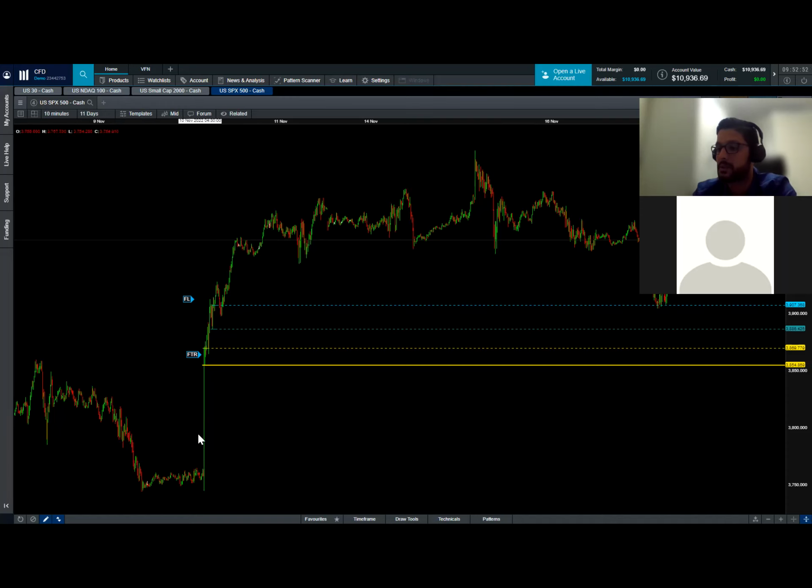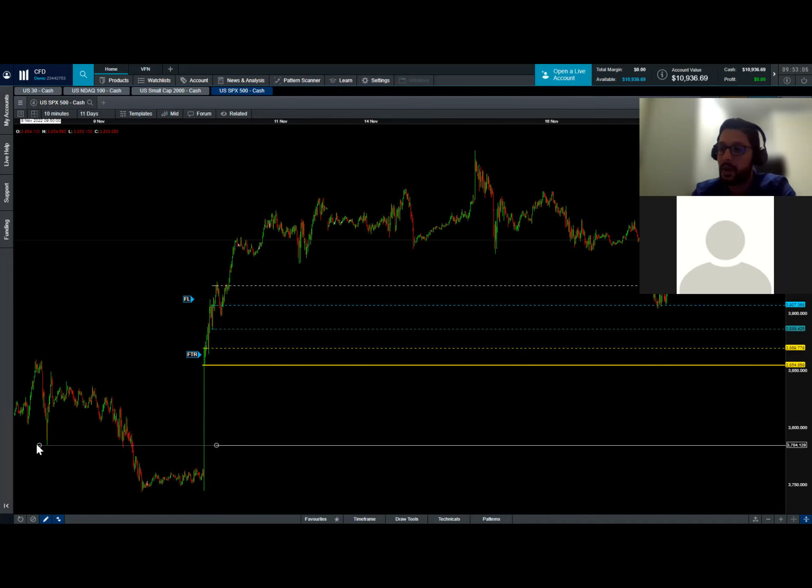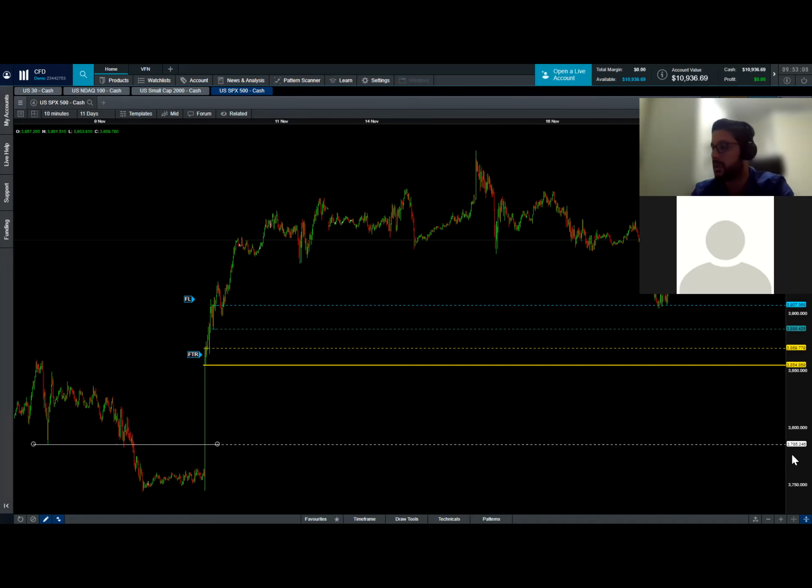Okay. So there is going to be target 1, target 2, and probably target 3 is going to be somewhere around here, just because this is a very important area as well. This is a pivot, this is a pivot, this one breaking all the way up, so engulfing these pivotal points. So if you want to be greedy, the third target would be around here if you are in a short position.